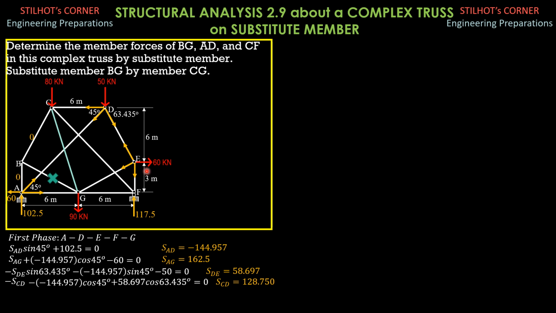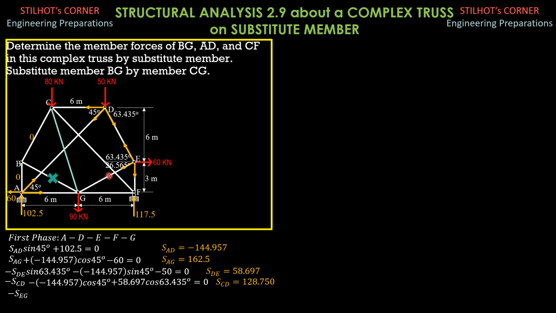FBD will be as shown. So angle here is 63.45 degrees, while the angle that EG makes with the horizontal is arctan of 3 over 6, and that's 26.565 degrees as shown. So first, summation forces X to solve for SEG.